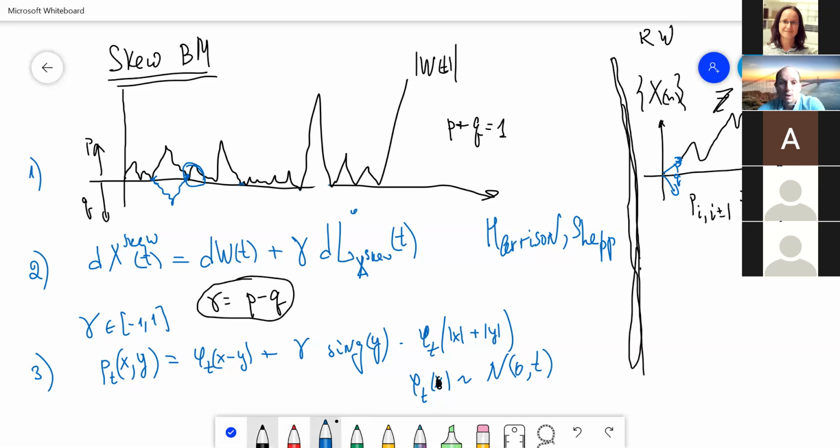And they considered Donsker's scaling and studied the question, what is the limit?